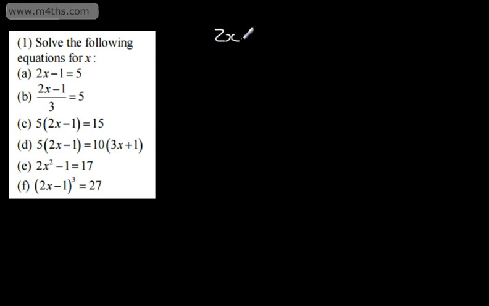So 2x minus 1 divided by 3 is equal to 5. I'm going to write what I'm going to do. You certainly don't have to do this. I'm going to multiply both sides of this equation by 3. In doing so, I'm going to clear the fraction, and it will allow me to isolate this term in x. So that will give me 2x minus 1 is equal to 15.